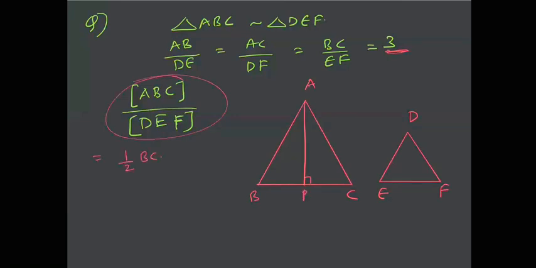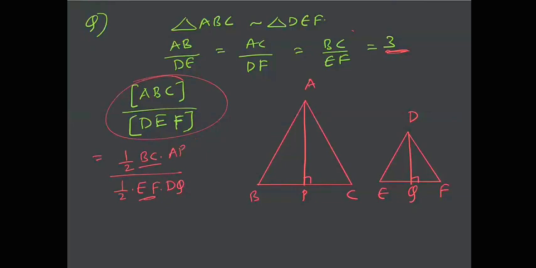So let the height be AP and the height for this triangle be DQ. So it is half BC into AP over the area of DEF, which is half times EF times DQ. So we have written the formulas for areas. Now we know that BC by EF is 3, right? We know this one, but we don't know AP over DQ. We want to find AP over DQ.